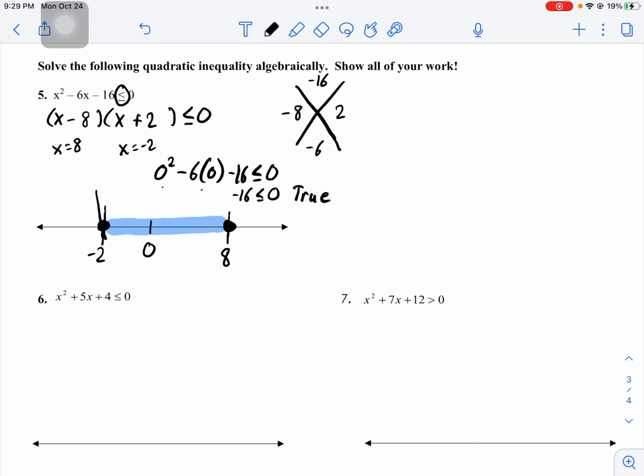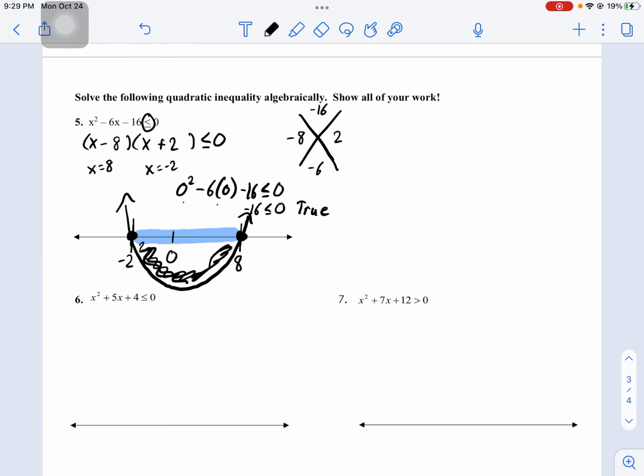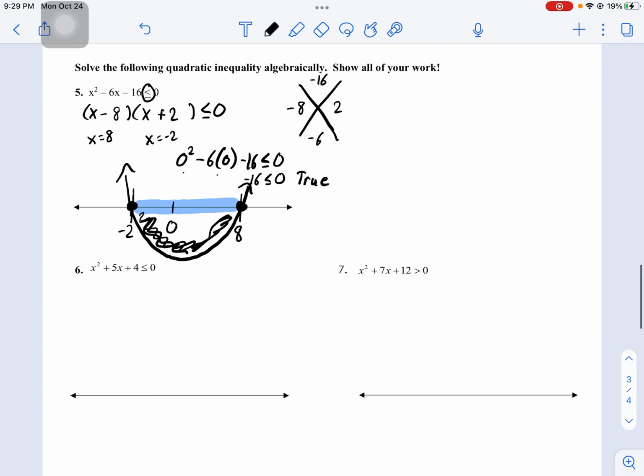And if you think of the parabola shape, if I actually draw a parabola here, let's imagine it crossed there and there. Everything underneath here, all those y values would be less than 0. So it makes sense that it is between for this problem. Okay, so thinking about that and thinking about the problems you've practiced in the past, go ahead and do number 6 and 7. You can always check back to the notes or the video for that.